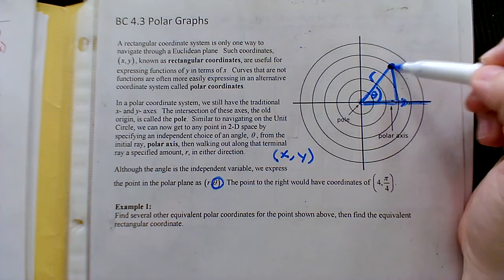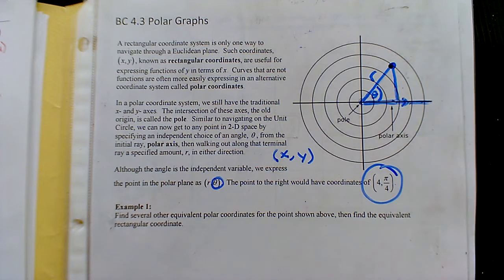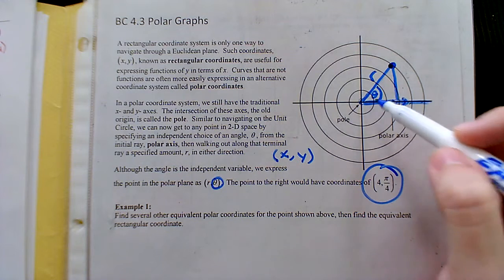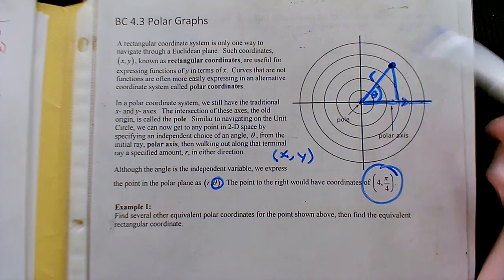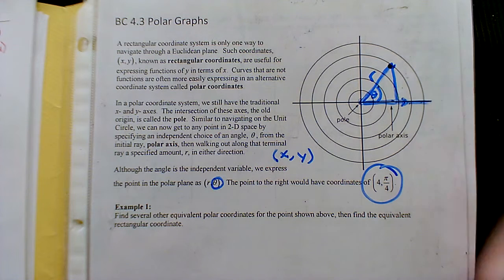So this point right here, perhaps we'll say has this ordered pair, where the pi over 4 is the angle that you rotated, and the 4 is the radius that you've walked out. So with polar coordinates, you're going to have some type of angle of rotation and then a radius or distance out from the center, or that pole. Do we kind of see how that operates?